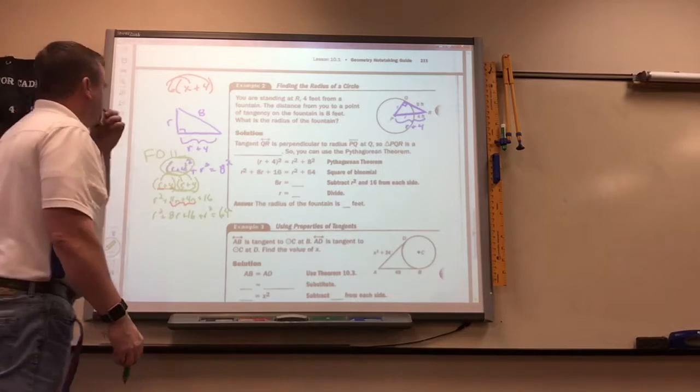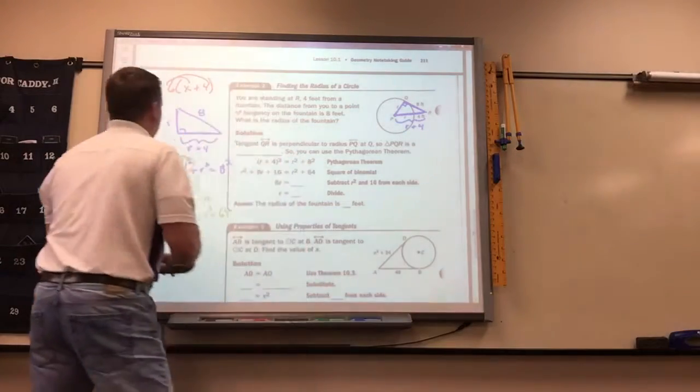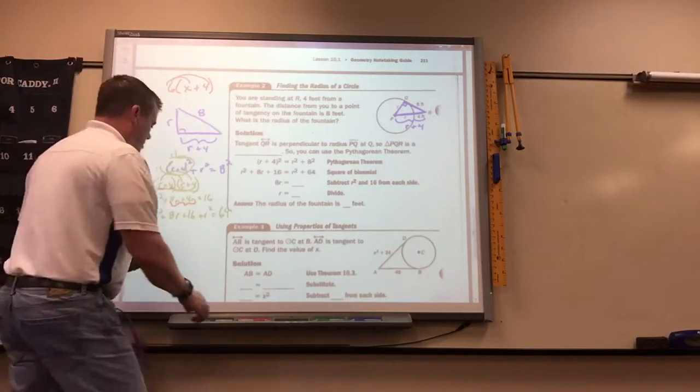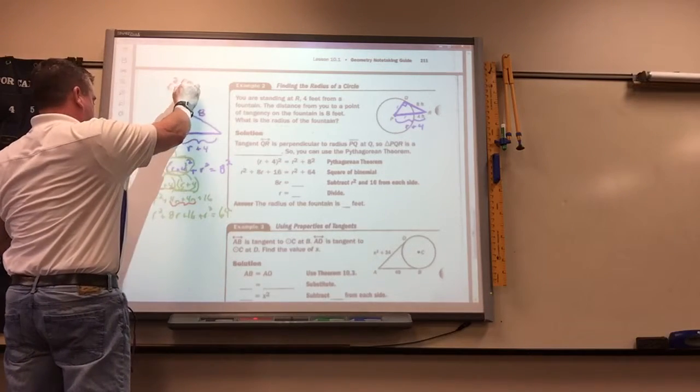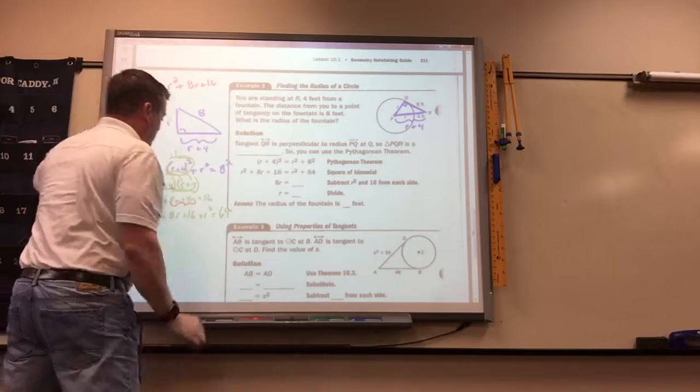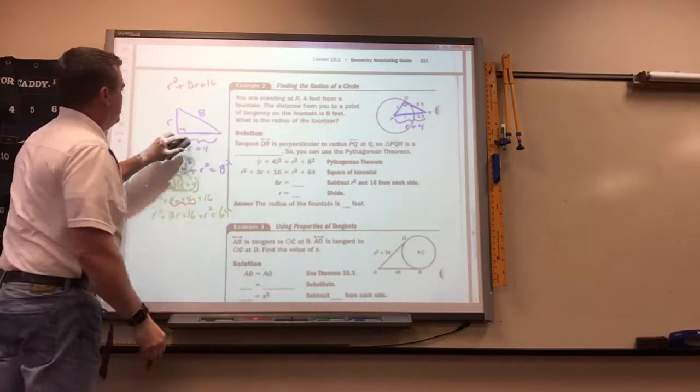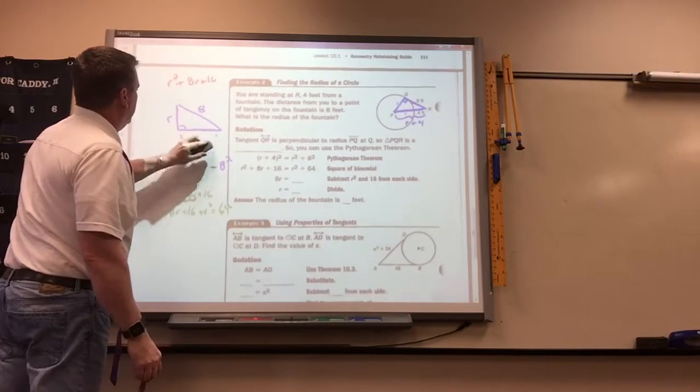Oh, I put them on the wrong side, I'm sorry. Let's remember that it's R squared plus 8R plus 16. When I drew it over here, I didn't draw them in the right spot.